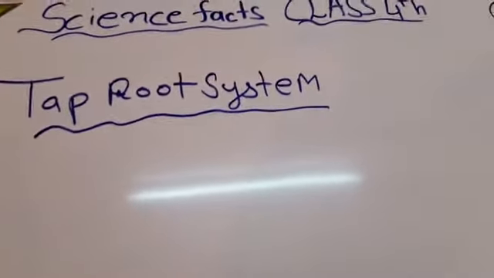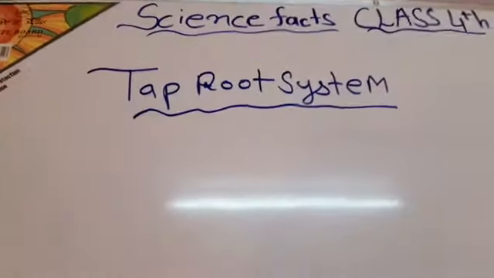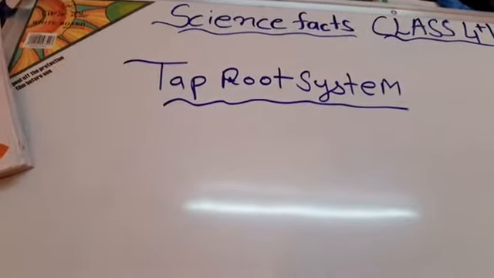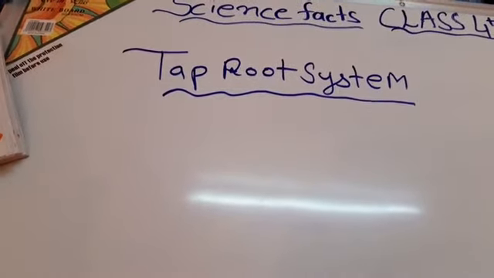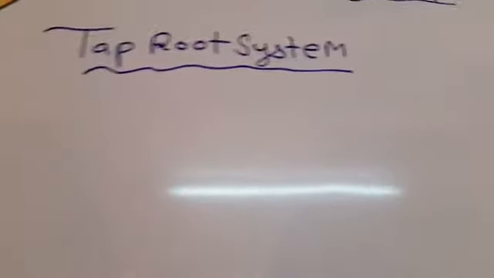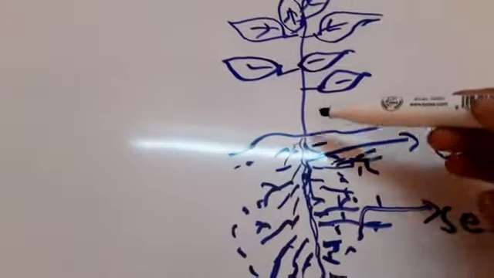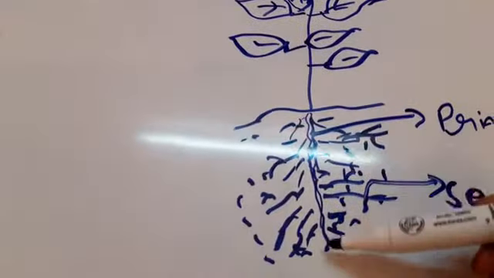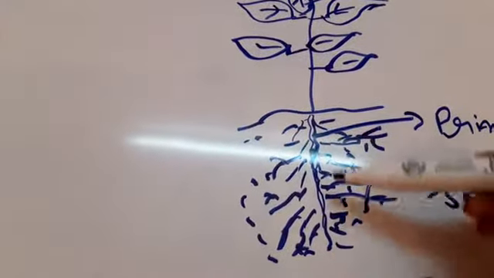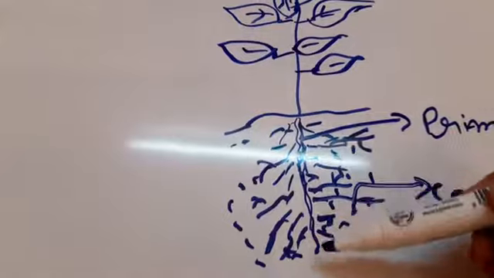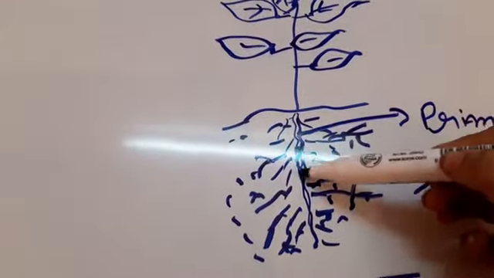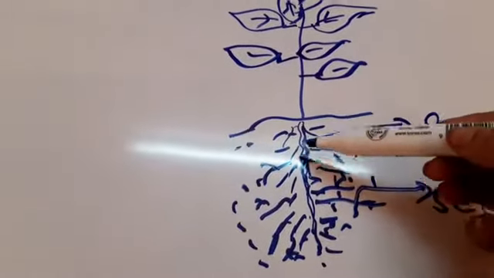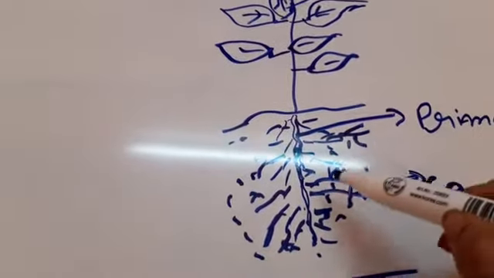Some plants have a main root that grows vertically down in the ground and gives out branches on all the sides. Here we can see some plants have a main root that grows vertically down in the ground, and it gives out branches.